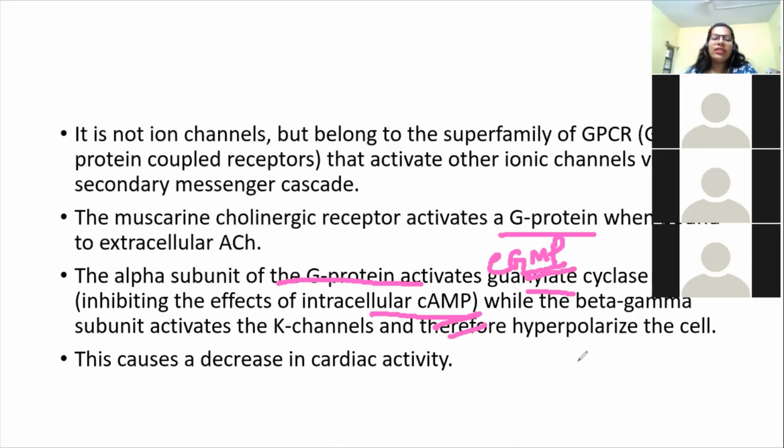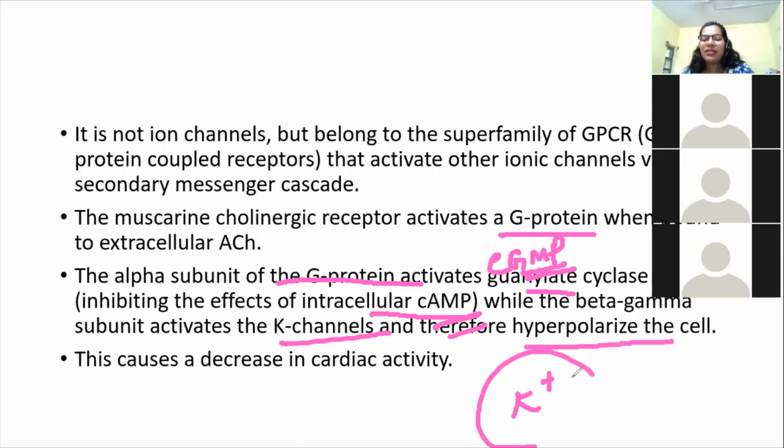Then they activate the K channels and hyperpolarize the cell. It means what? Inhibitory, hyperpolarize means K+. This causes a decrease in cardiac activity. So for people having problems with increased heart rate or high BP, at that time we give certain kinds of blockers to them. Okay, is it clear to everyone till now?